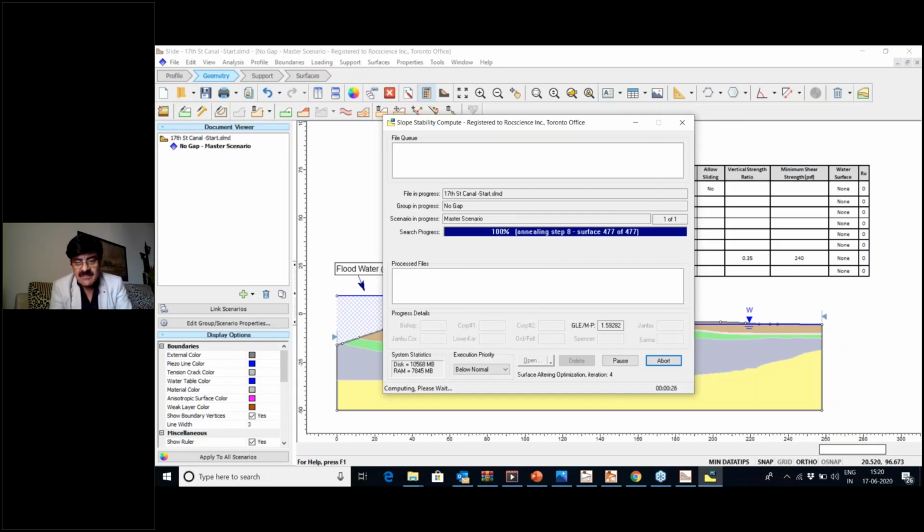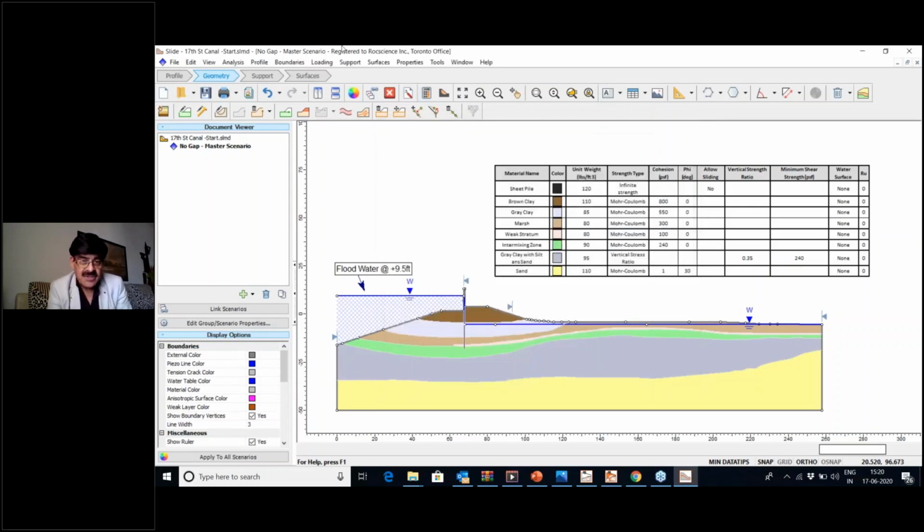It's just getting completed. Okay, the computation is done. Let's look at the results.